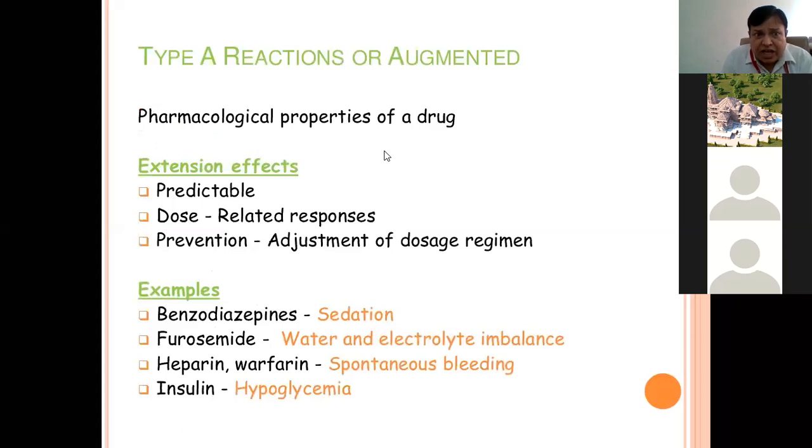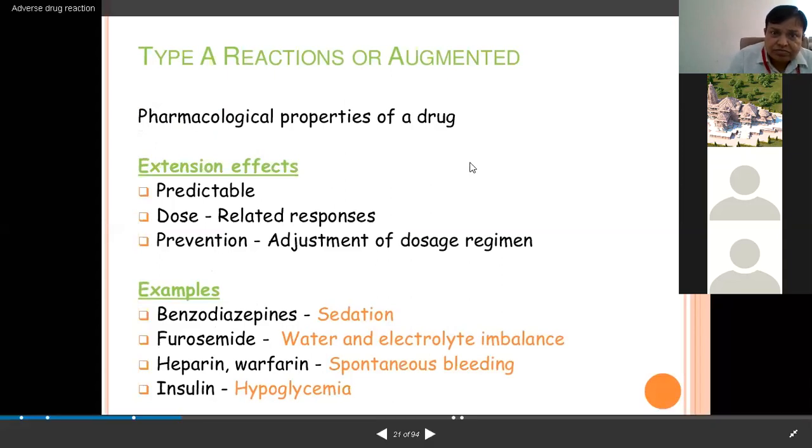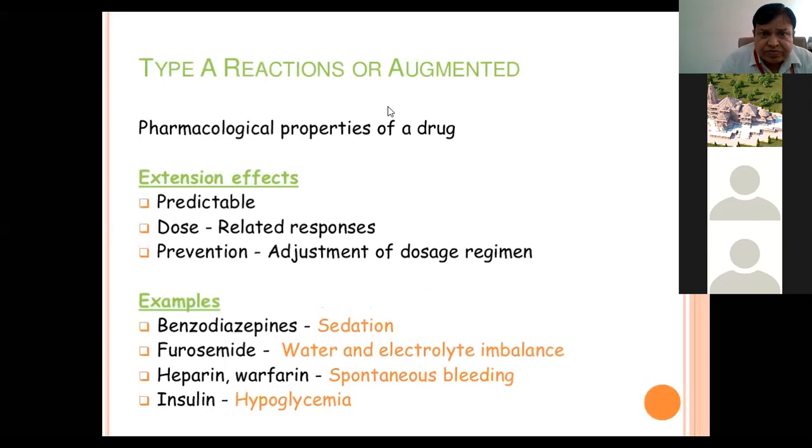Now, type A reaction or augmented. Earlier I told you the classification of adverse drug reaction. That is 6 types, and number 1 is type A. Type A adverse drug reaction is augmented.